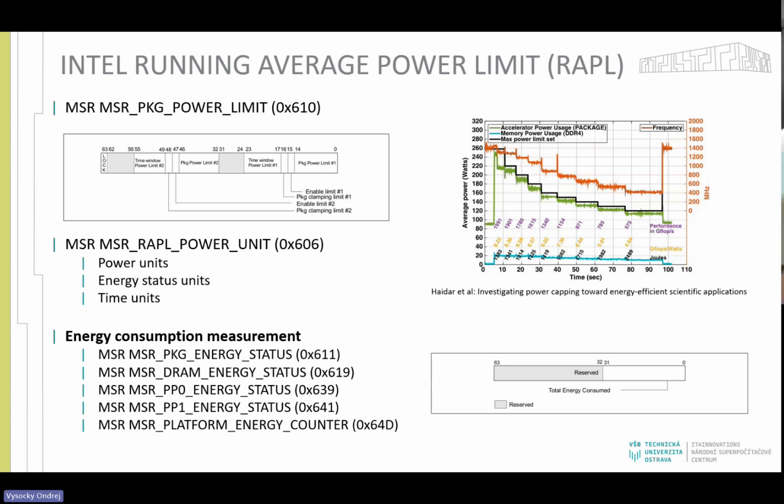So the RAPL downscales the core frequency of the CPU, well, both core and uncore frequencies, to reach the specified power limit.